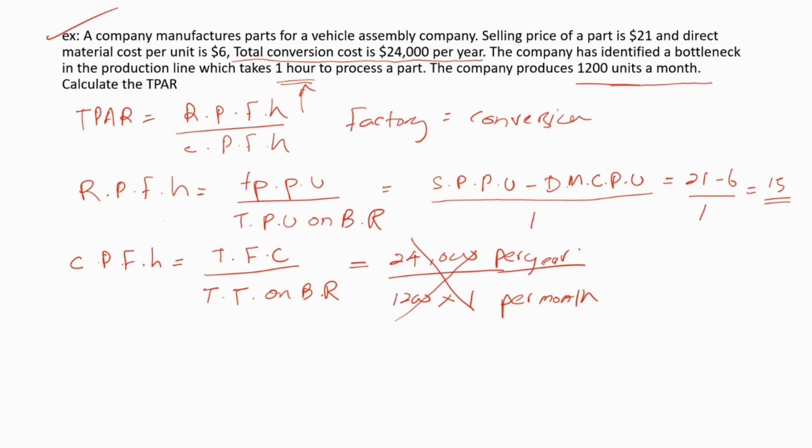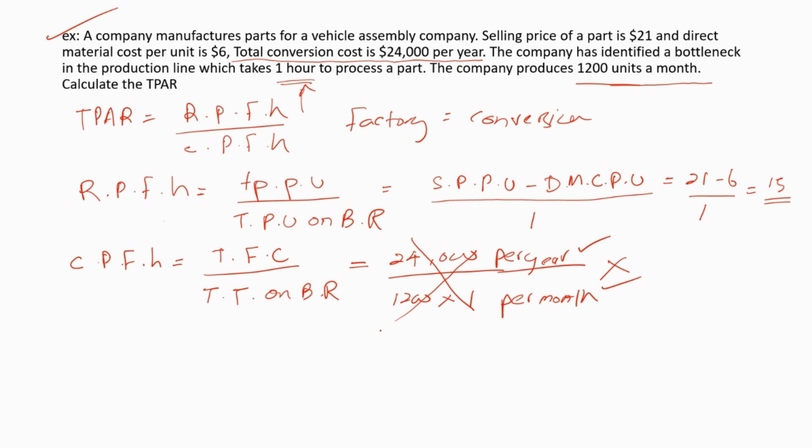We cannot use two different time periods for the numerator and denominator. Either we have to convert both into a per year value or a per month value. It can be a per day value or a per week value. For any time duration, both the numerator and the denominator should be the same.